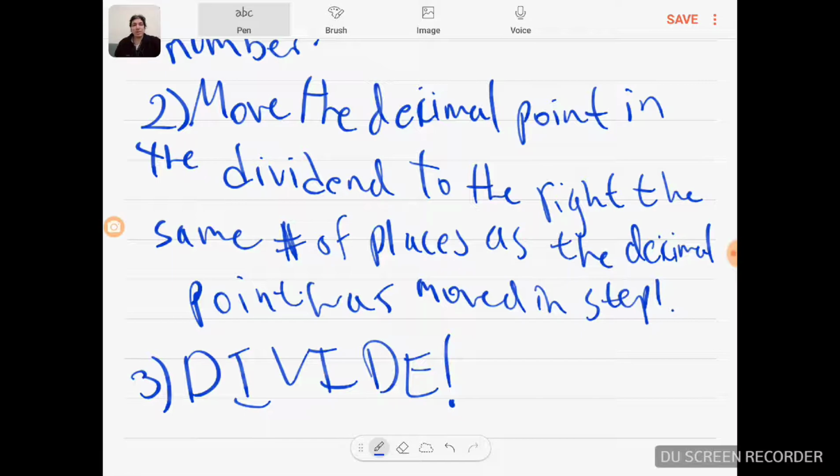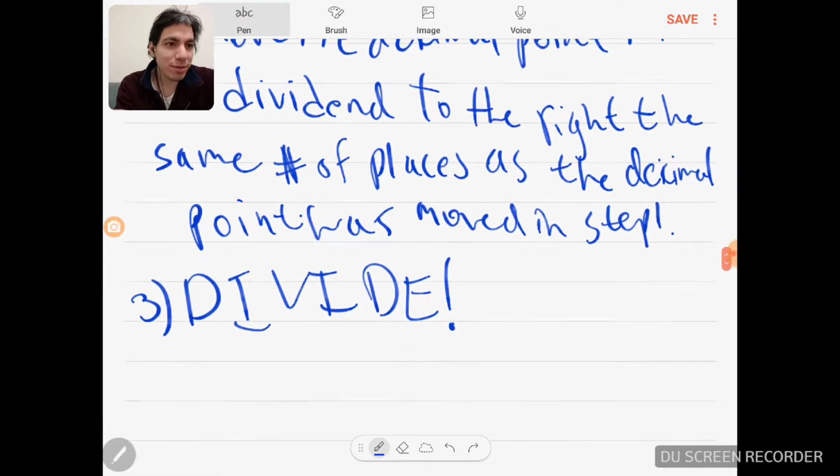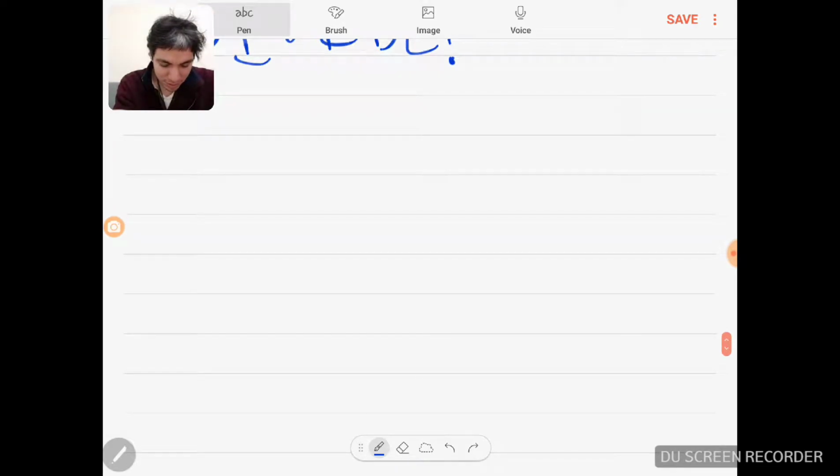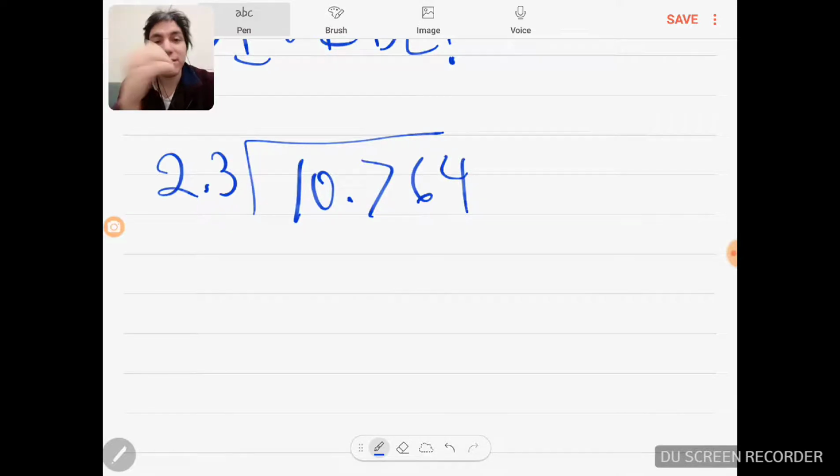How do I showcase this? To do that, let's make myself a little bigger. You gotta see my pretty face. All right, let's go down. Okay, let's say I take 2.3 and I wish to divide that into 764 thousandths. According to step 1, I have to move the decimal point in my divisor.